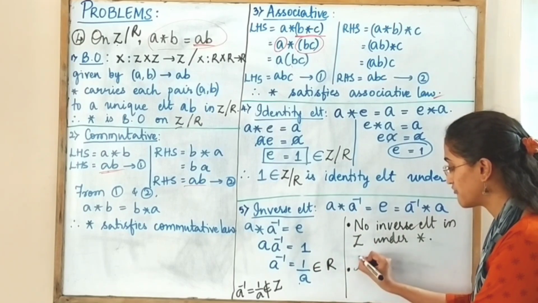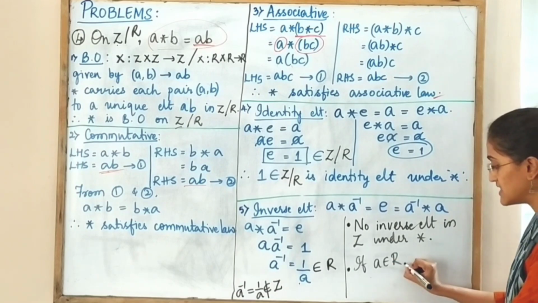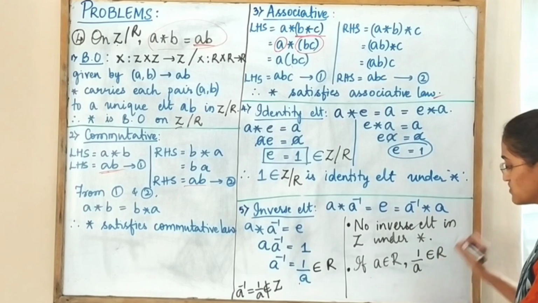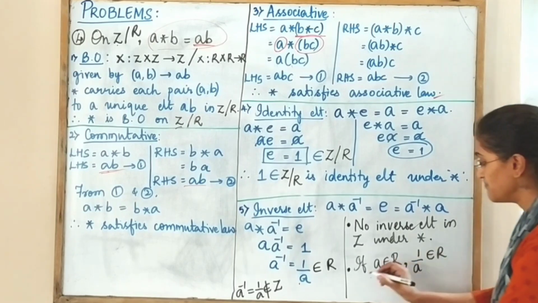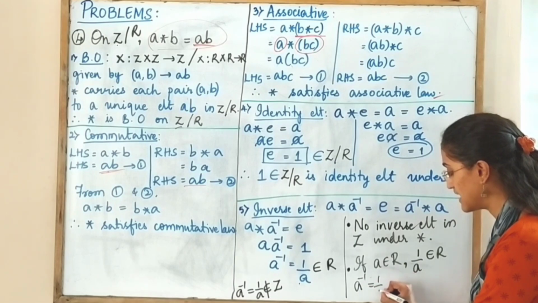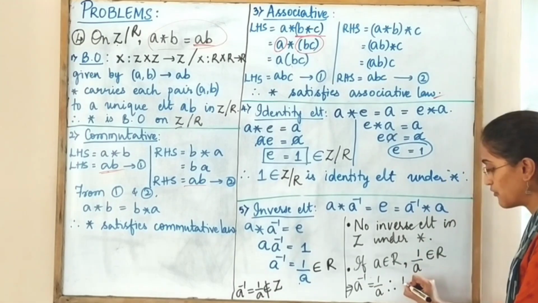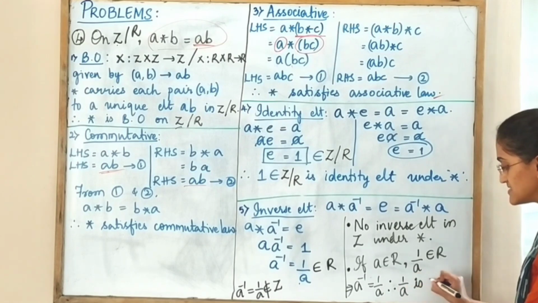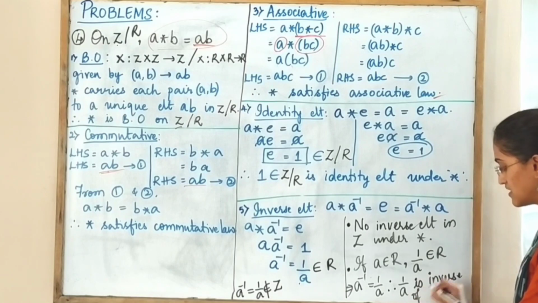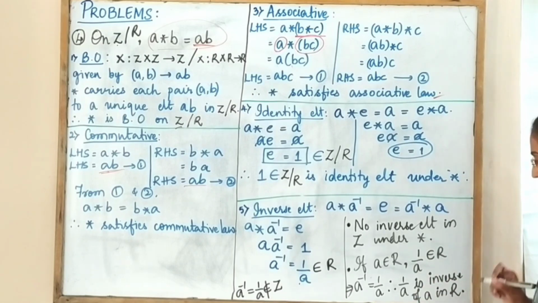That is, if A belongs to the real number set, then the element 1 by A also belongs to the real number set R, and therefore 1 by A is nothing but the inverse element of A in the set of all real numbers R.